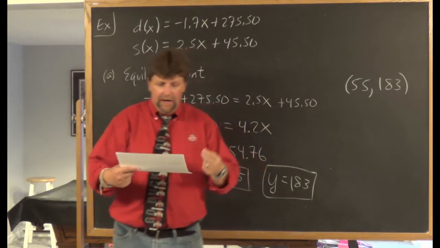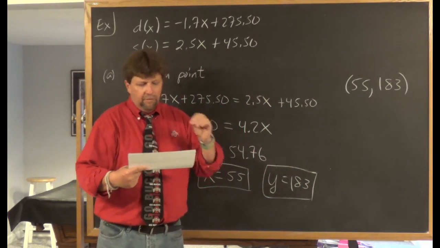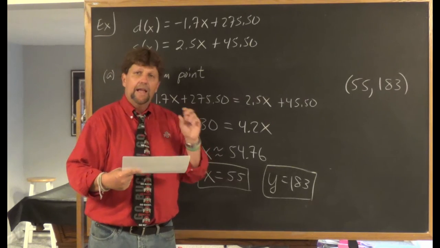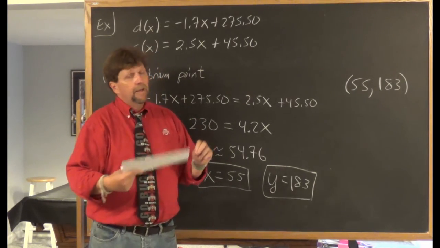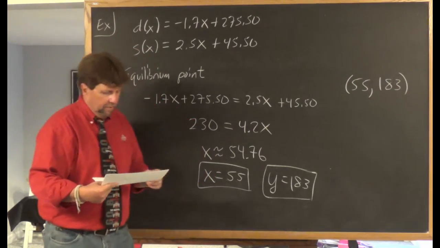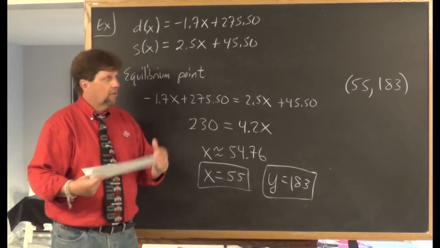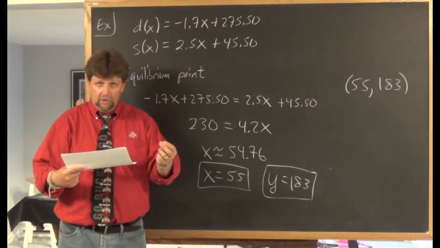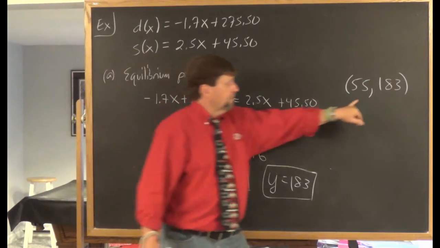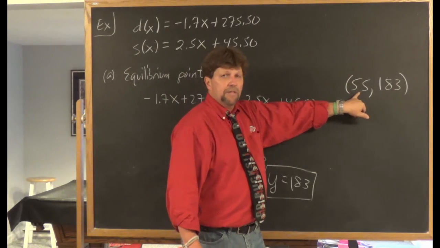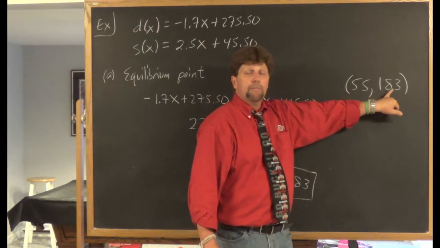Part B, we're asked to find the consumer and producer surplus at the equilibrium demand. I'm going to erase the board so we can do part B, get the consumer surplus and the producer surplus. But please remember, this is the equilibrium demand, this is the equilibrium price.